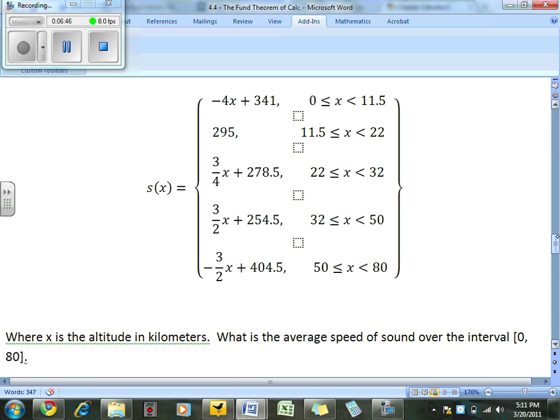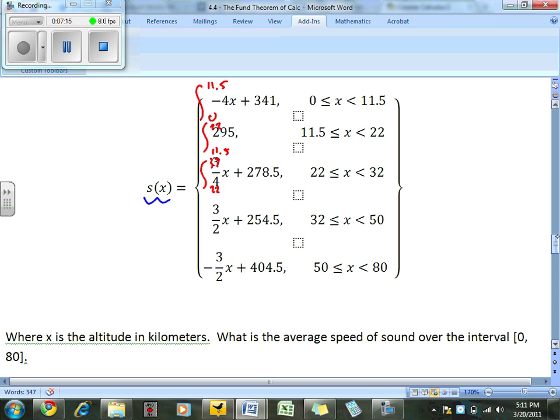Well, we found out in our last video that if we took each of these integrals separately and then added them all together, in this case I'd take the integral from 0 to 11.5, and then add it to the integral from 11.5 to 22, and so forth all the way down to the integral from 22 to 32, we'd get the integral of the entire function s of x.